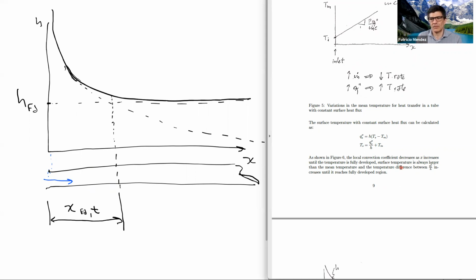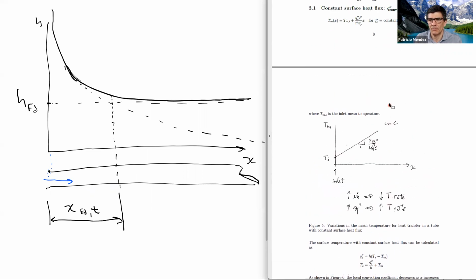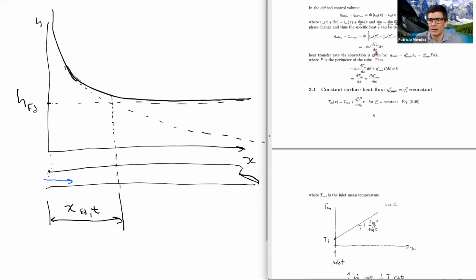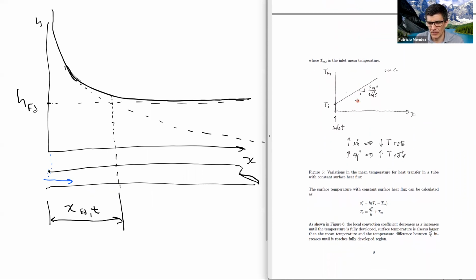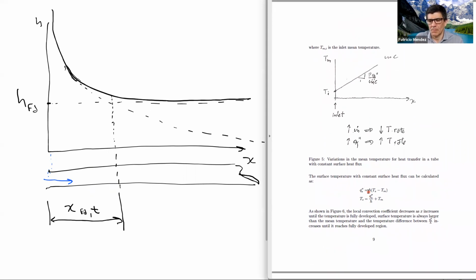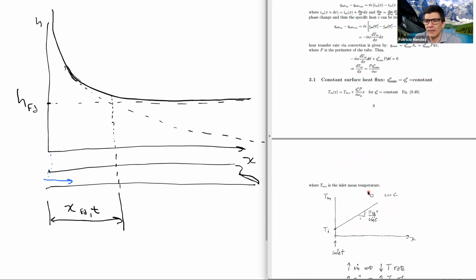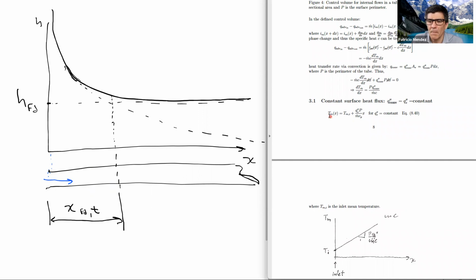So using this equation of week 4 of class, we could establish this equation for the case in which heat flux is constant. We end up with this other equation that is not a differential equation anymore. It's just an algebraic equation saying that temperature increases linearly. Now, let's think, and sorry, I said temperature, but I meant mean temperature.